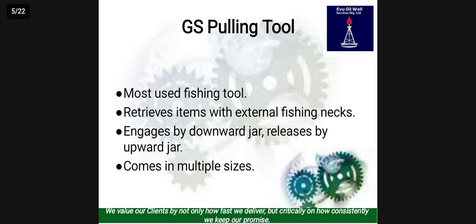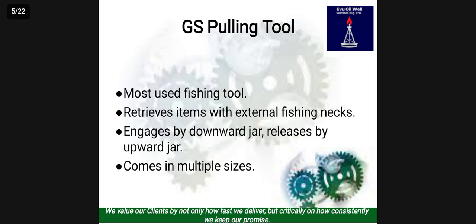First, the GS pulling tool. This is the most commonly used fishing tool in Slickline operations. It's designed to pull items with external fishing necks. How does it work? You engage the fish with a downhole jar.